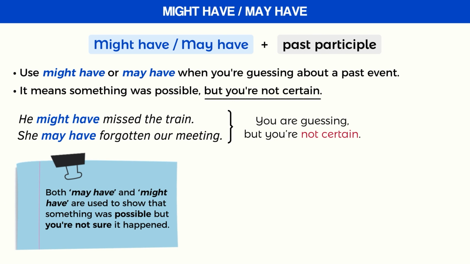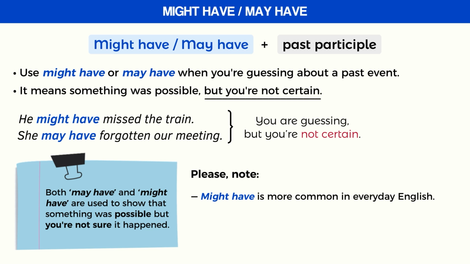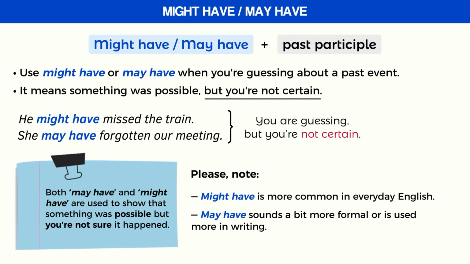So remember, use might have or may have to talk about things that possibly happened when you're not sure. Please note, there is no big difference between might have and may have when talking about past possibility. Might have is more common in everyday spoken English. May have sounds a bit more formal or is more often used in writing.